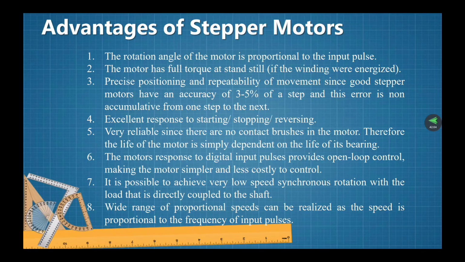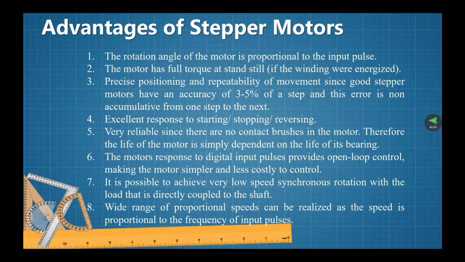A high accuracy of motion is possible even under open loop control. And excellent response to starting, stopping, and reversing, and very reliable since there are no contact brushes in the motor. Therefore, the life of the motor is simply dependent on the life of its bearings.